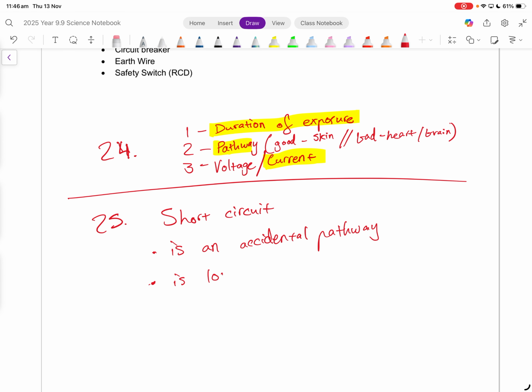Is lower resistance. Now, you mentioned at the start that could be due to fewer loads.